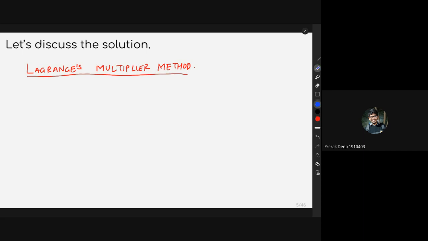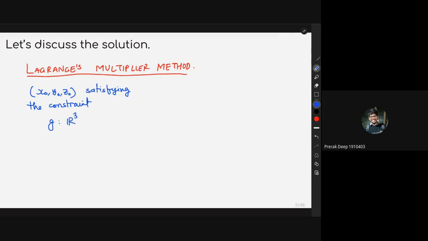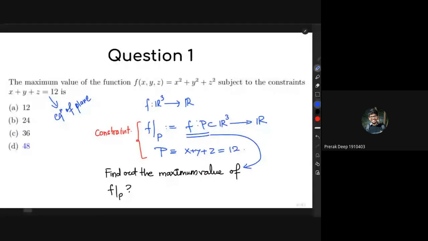So what is this method? We start with a point, let's say x naught, y naught, z naught, which satisfies the constraint. We think of our constraint as a function on R3, because this constraint also involves three variables.